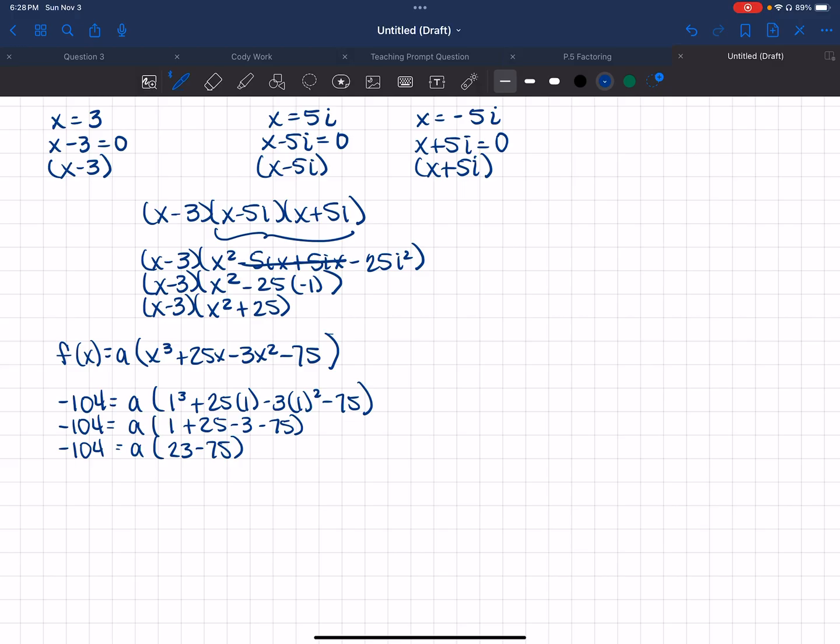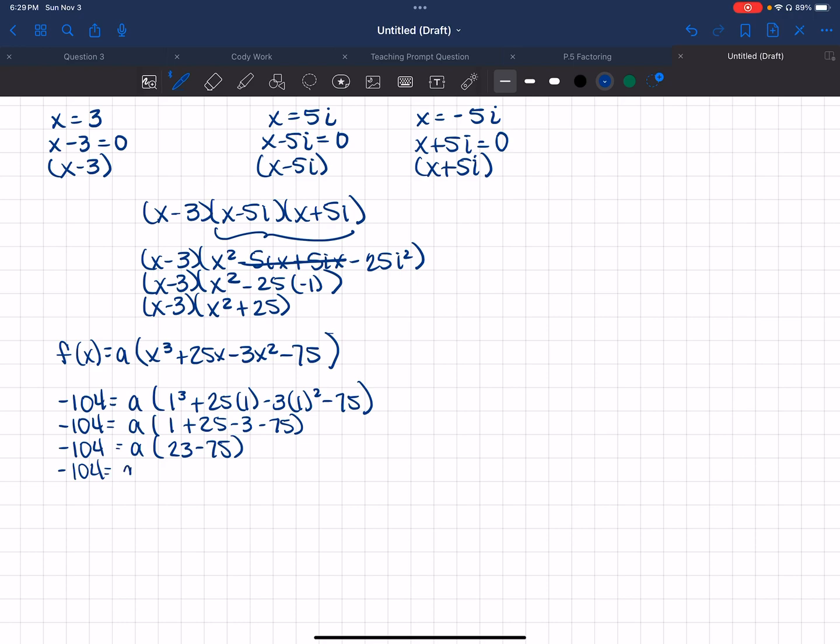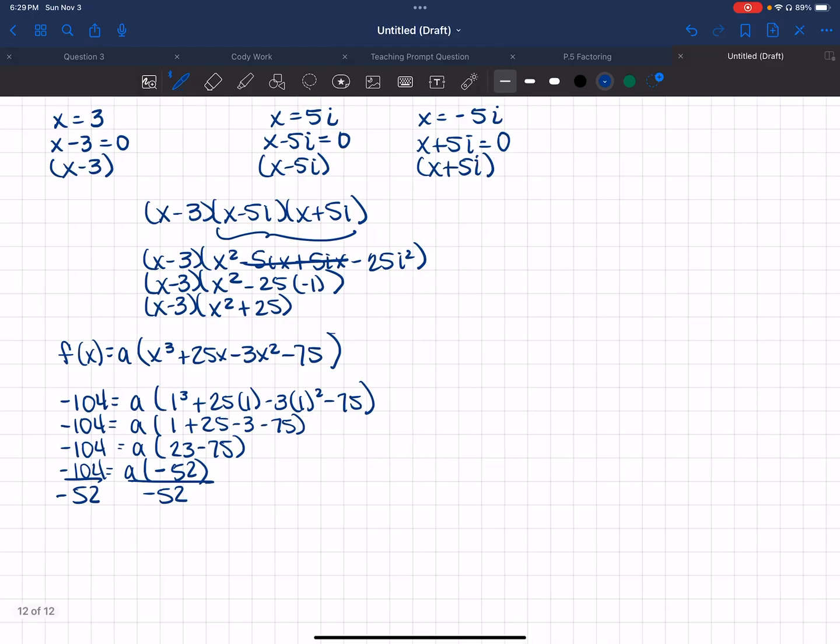And then 23 minus 75 is going to leave me a negative 52. Yes. Okay, now I'm going to divide both sides by negative 52. And we find that a is going to be a positive 2, because negative 52 times 2 is negative 104.